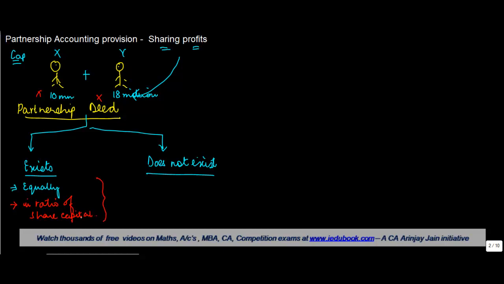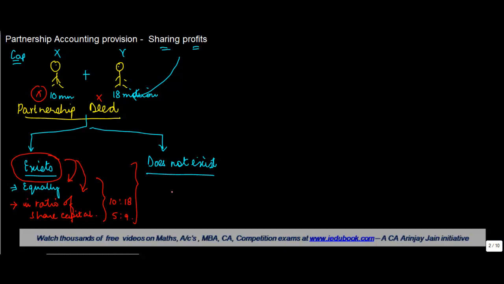If this is the case, you see what the ratio of the share capital is. In this case it is 10:18, or simply, if you divide both by 2, you can also write this as 5:9, right?